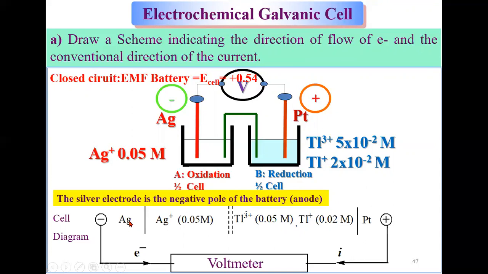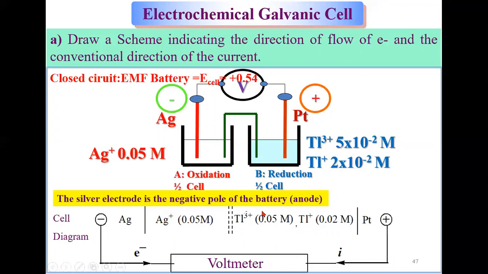So it's the Ag solid becomes Ag plus. That's an oxidation reaction. Write a straight line to separate solids from ions or aqueous solution. And beside the ion, you should always have its concentration in brackets, okay, with a molar sign.